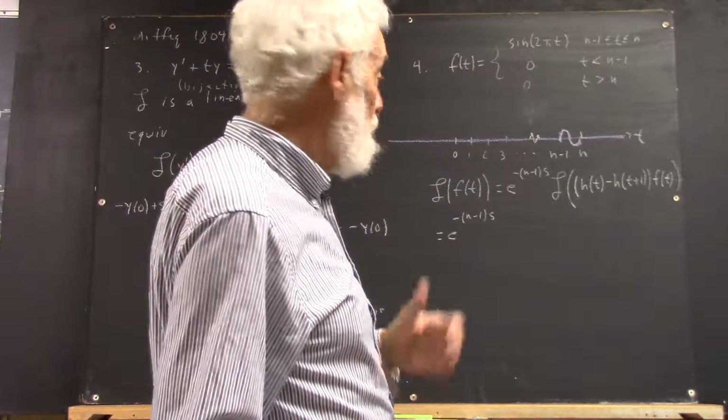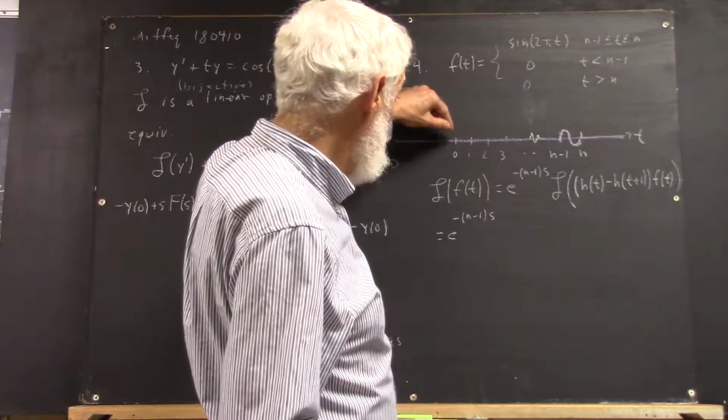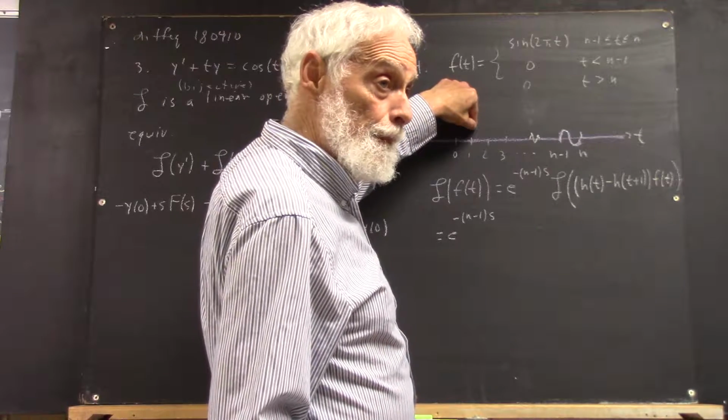Okay? Because h of t minus h of t plus 1 is just 0 between 0 and 1, right?